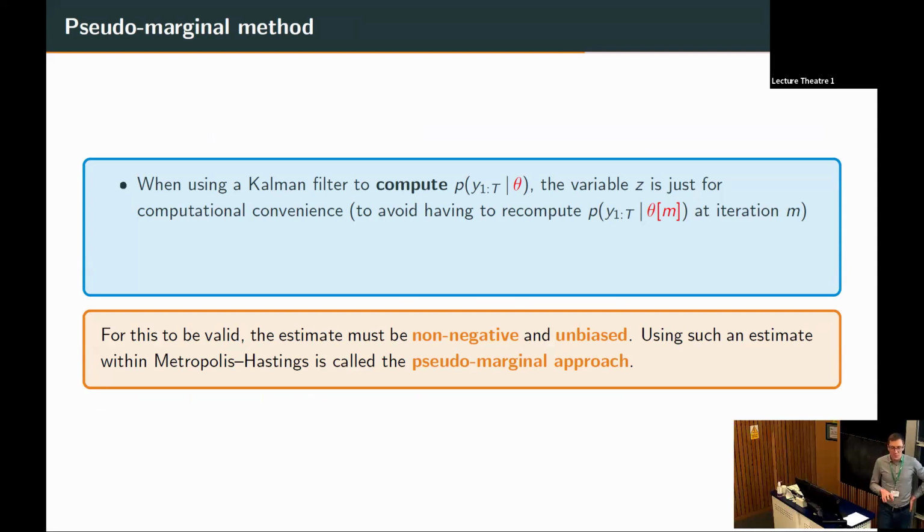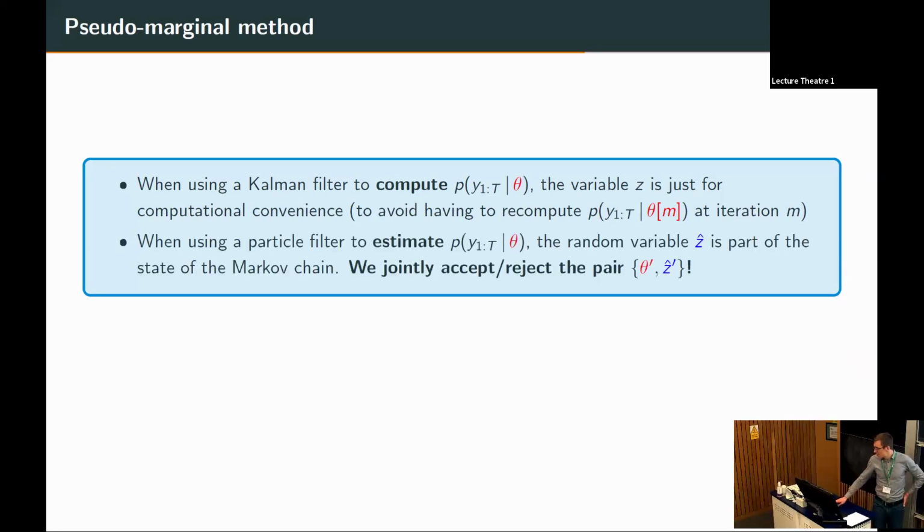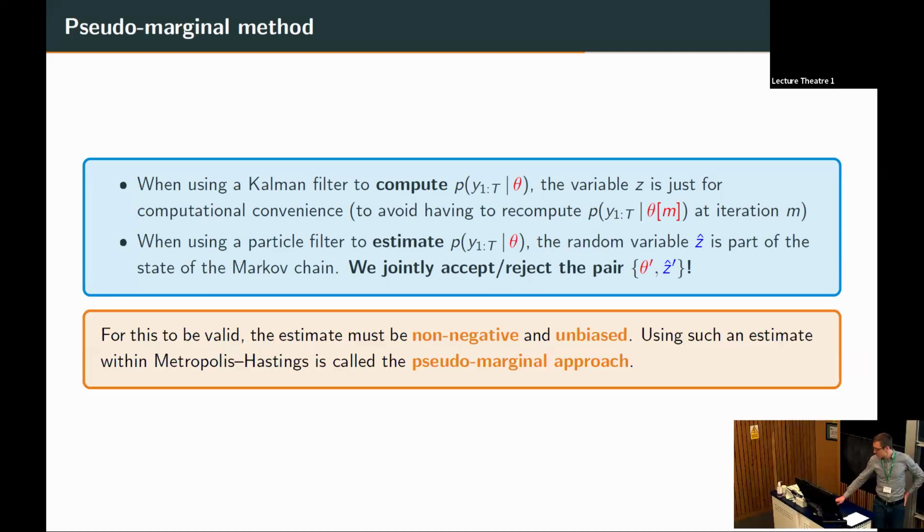But the state of the Markov chain is really just theta, because the likelihood is a deterministic function that we can compute based on theta. Whereas in the particle Metropolis-Hastings algorithm, this Z hat is now a stochastic variable, and it should be viewed as part of the Markov chain.